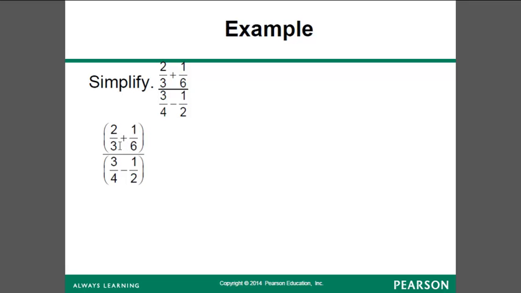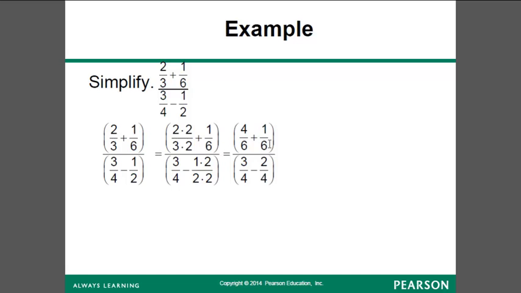My common denominator for the numerator will be 6, and my common denominator for the denominator will be 4. And so if you notice, I'm multiplying my 2/3 by 2, and I'm multiplying my 1/2 by 2. This now gives me 4/6 plus 1/6 and 3/4 minus 2/4.